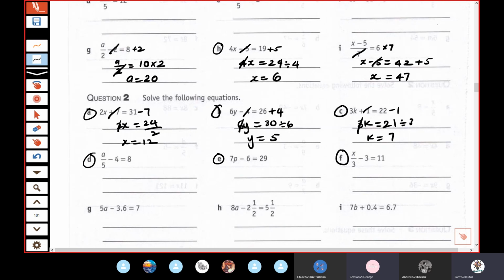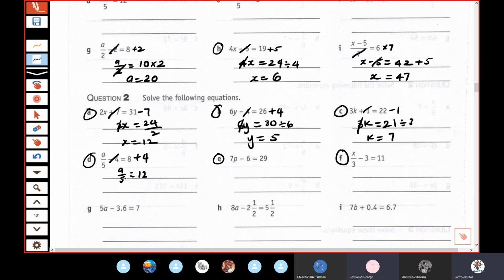So it says minus 4. How do I get rid of a minus 4? You plus it to the 8. There you go. And then you still have a over 5 equals 8 plus 4, which is 12. And then how do I get rid of this over 5?